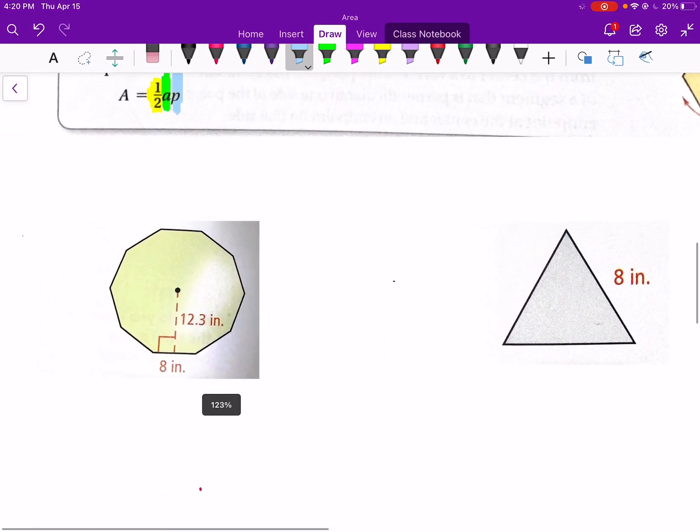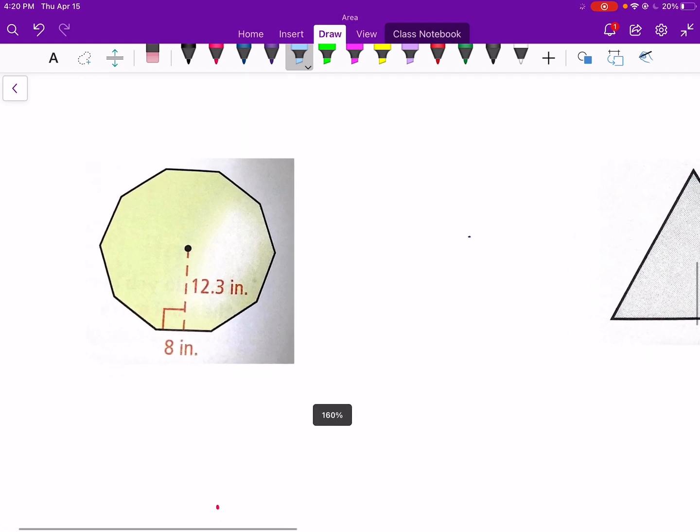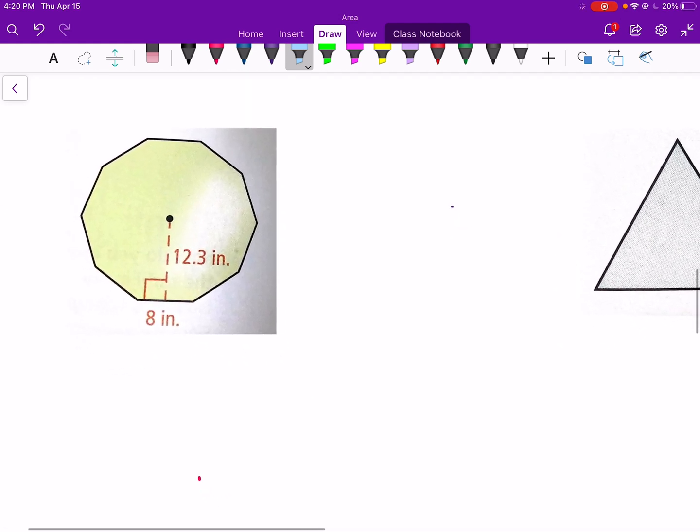So we're going to use our formula to solve this first example. So in our area, we know it's 1/2 times the apothem, so we'll need the length of the apothem times the perimeter. Our apothem is 12.3. It gives us that.